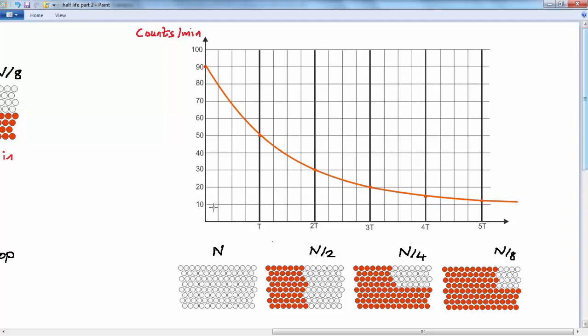And you can clearly see that in this case our graph is approaching a count rate of 10, and this is due to the presence of background radiation.